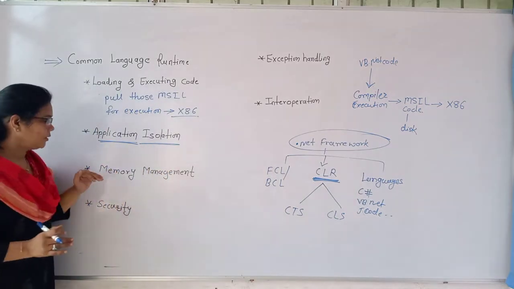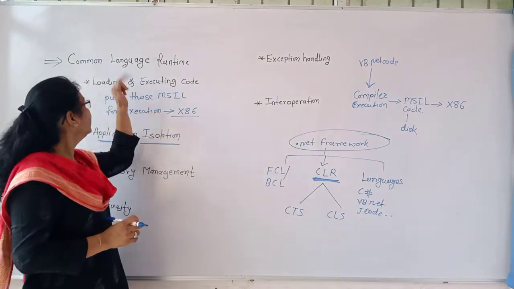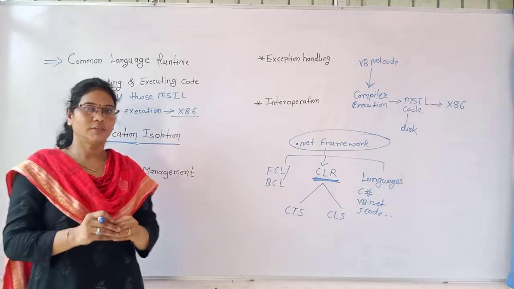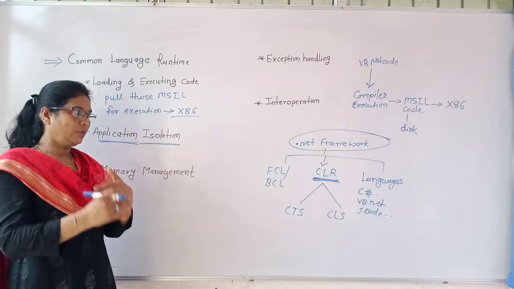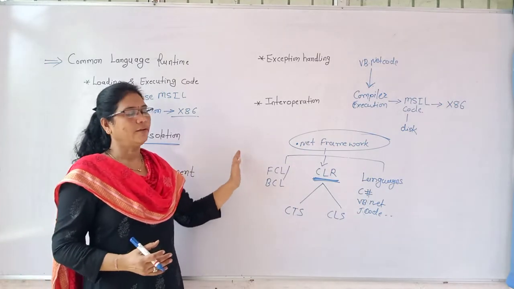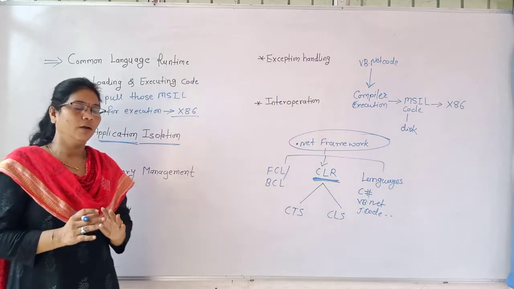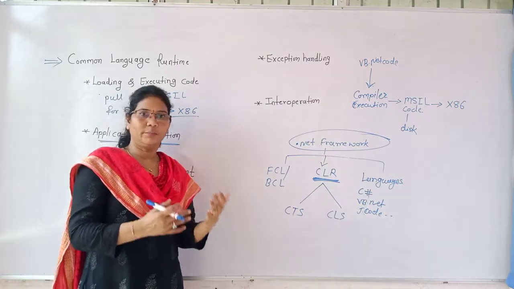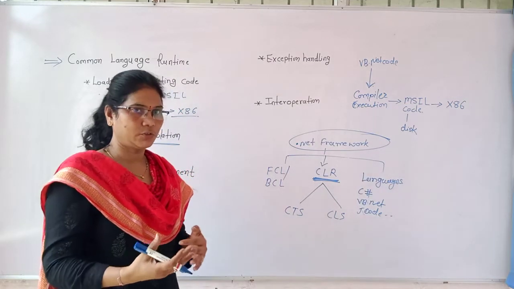Next one, memory management. The next functionality of the Common Language Runtime is memory management. When we write the code and execute it, each and every variable is allocated a memory location, and the memory location is released after execution of the program.